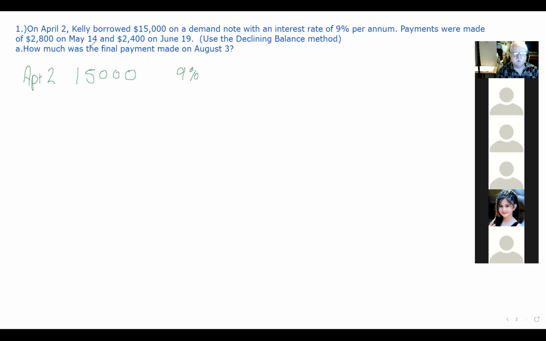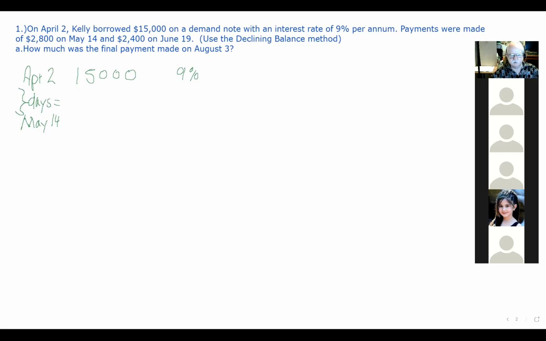So payments were made on May 14th. Kelly doesn't come back into the bank until May 14th. So Kelly shows up with $2,800. And the bank teller has to figure out how many days between April 2nd and May 14th.